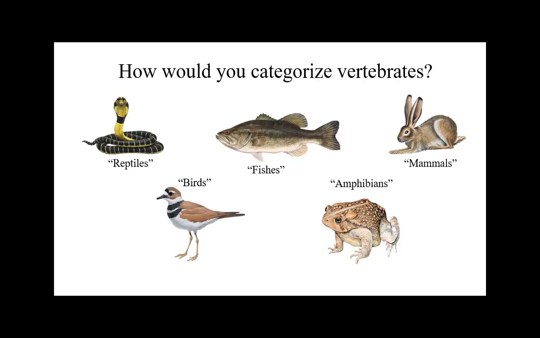I want you to really try your best to categorize fishes, categorize mammals, or characterize them, I should have written. Characterize mammals, what are the things that only mammals have, and if you find something new, it's gonna be a mammal because it has whatever. I want you to try to do that for all 5, and we're gonna spend a few minutes on this now, so go ahead and make a group of 3-4 people and try to do this.